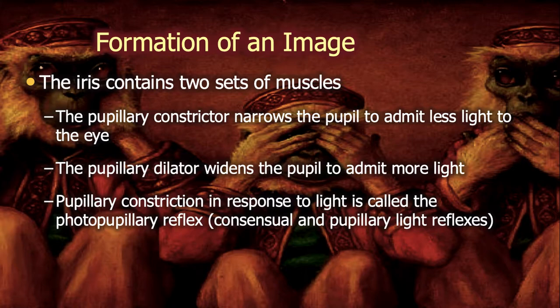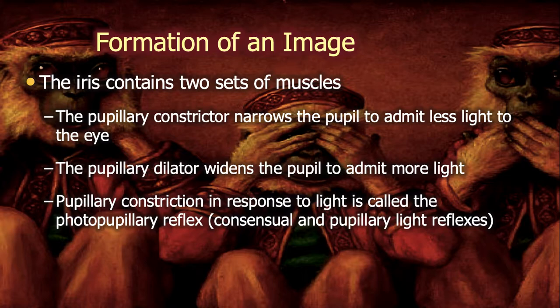If you take your eyes and cover up one like this, and you take a flashlight and shine it in this eye, what's going to happen to this pupil? It constricts. That is the pupillary light reflex. When you shine a light in your eye, it's going to constrict.